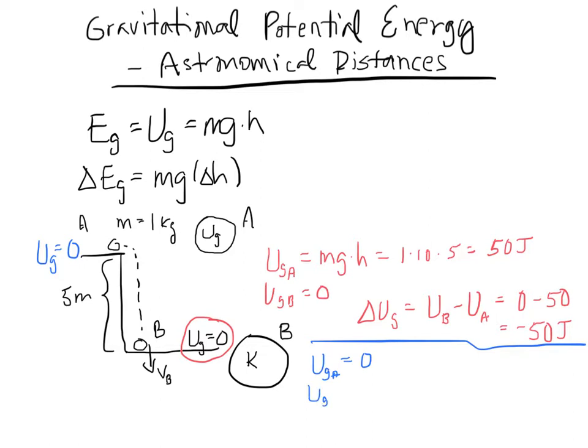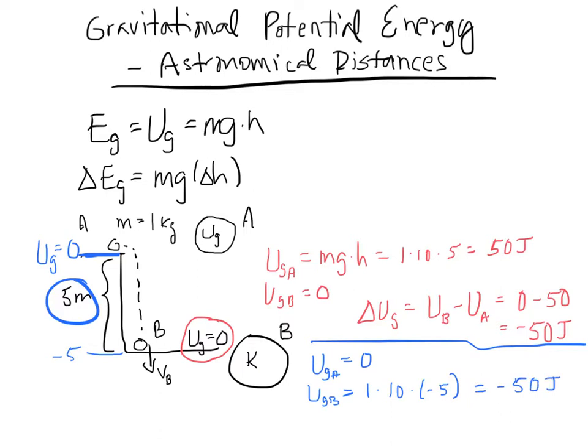The gravitational potential energy at B is equal to the mass times little g times the height, which is now negative 5 because I'm below the 0 point. So if this is my 0 point right here, I'm 5 meters below it down here, this would be negative 5. So I have negative 50 joules of gravitational potential energy at point B.